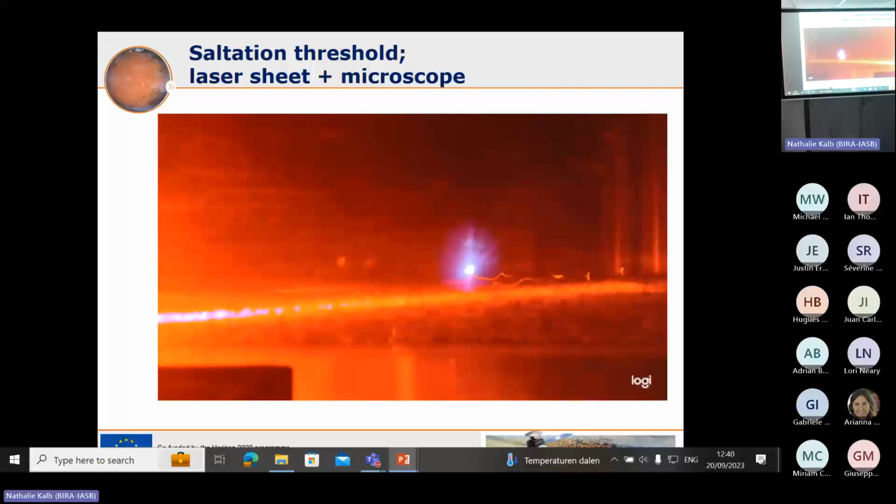It just uses a laser sheet horizontal across close to the bed, and then a webcam from the side or a microscope. It's not a high-speed camera, so you just see traces of them integrated.